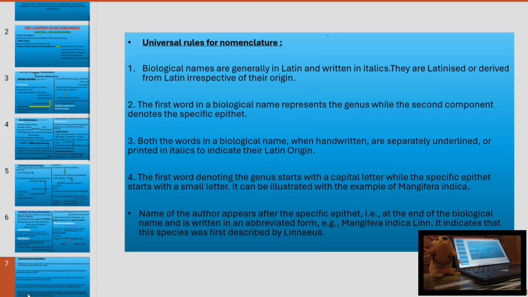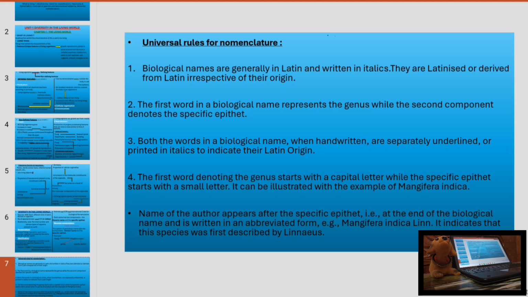And going to the next topic, here are some universal rules for nomenclature, and they are very important, guys. From this set of 4 rules, there will be given some questions. So learn them. Okay. So first rule is biological names are generally in Latin and written in italics.